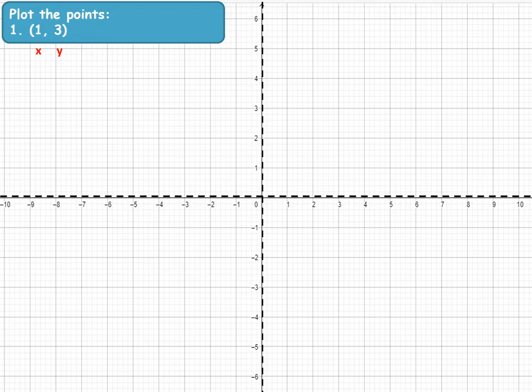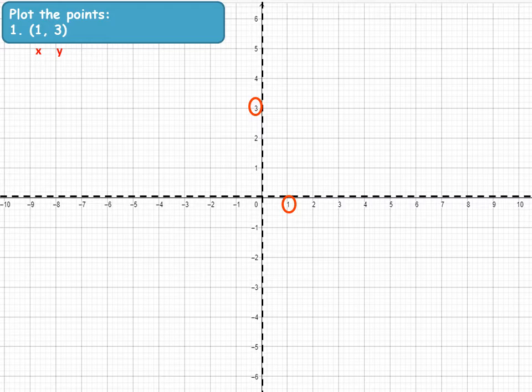Now we're going to take a few easy steps. First, let us identify the x value. So let us identify 1 on the x-axis. Very good. So we put a circle around it. Then we identify 3 on the y-axis. Very good.